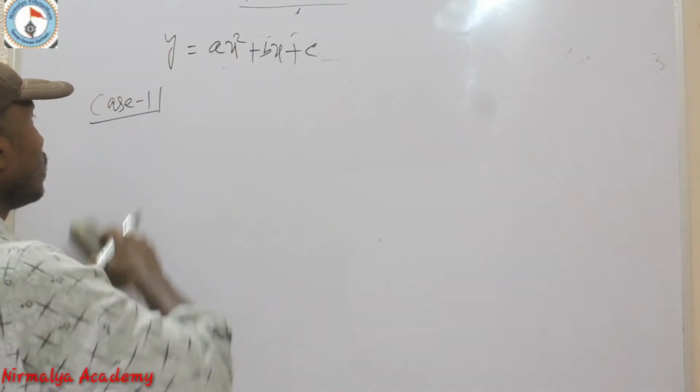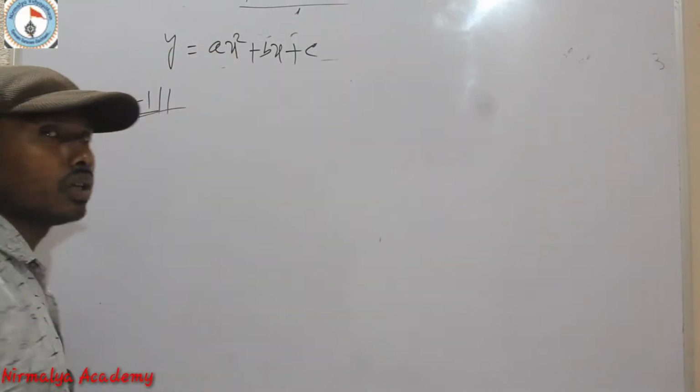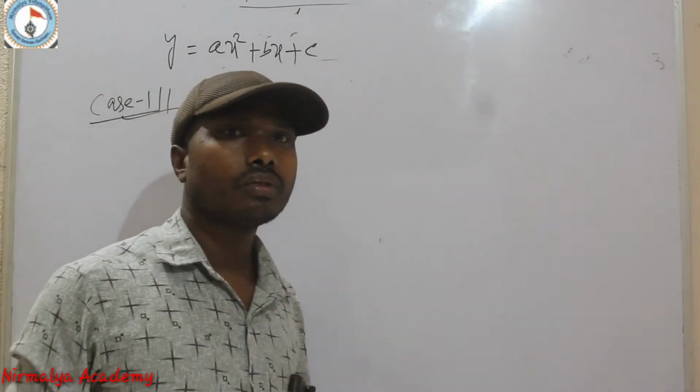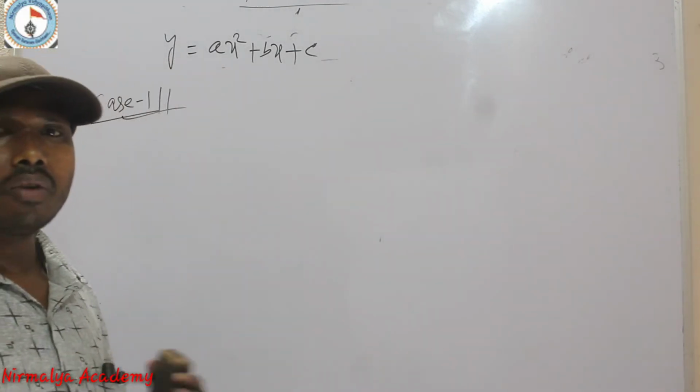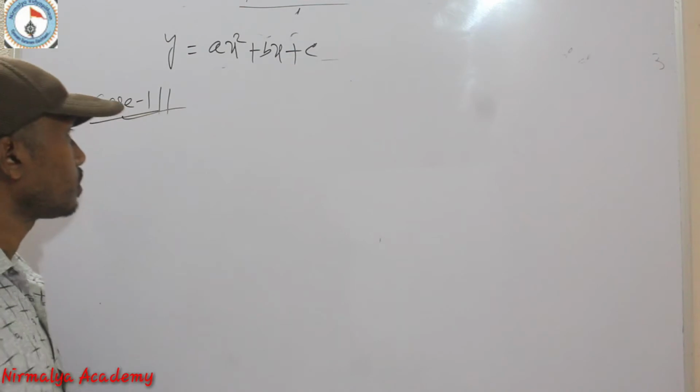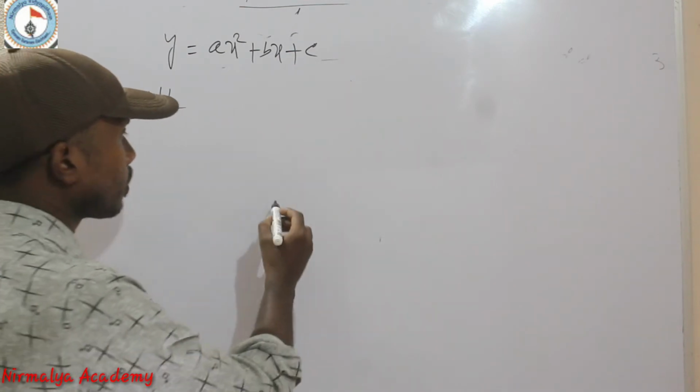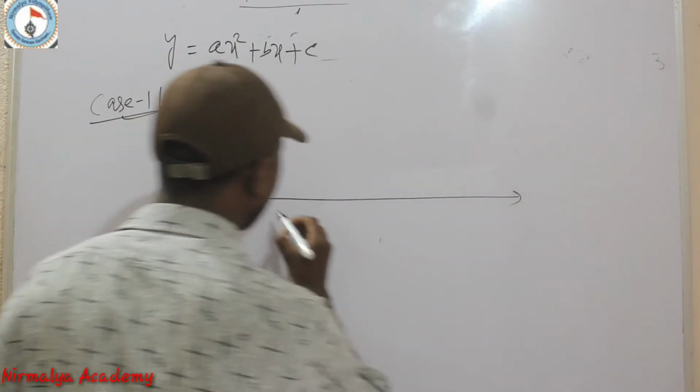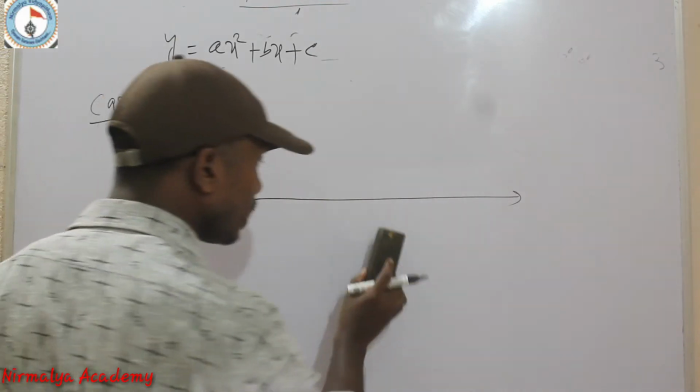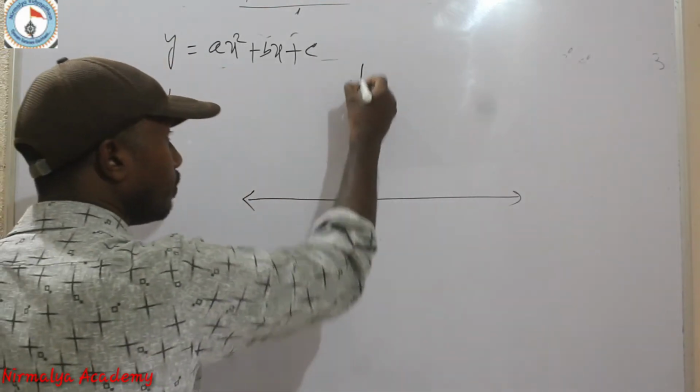Third situation: in this case, the graph is either completely above the x-axis or completely below the x-axis. That means the graph does not intersect the x-axis at any point.